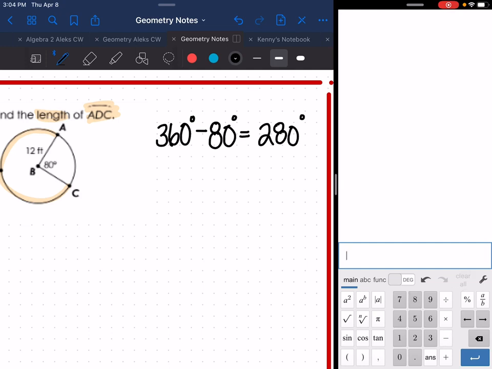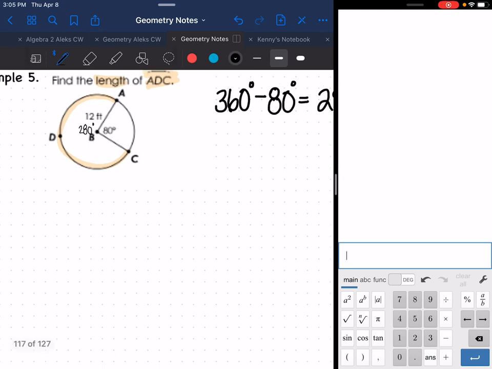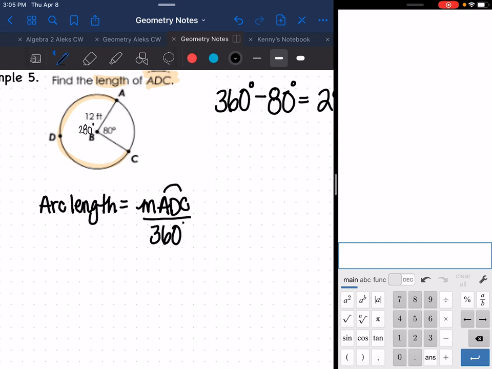Yep, just checking to make sure I'm correct. All right, now that I know that this is 280 degrees, let me add that in there. Okay, I can go ahead and use my arc length formula. So my arc length is equal to the measure of ADC's arc divided by 360 degrees times 2 pi r.